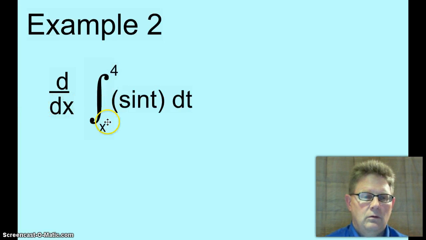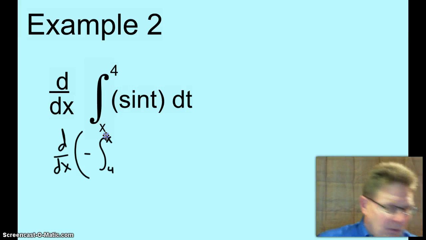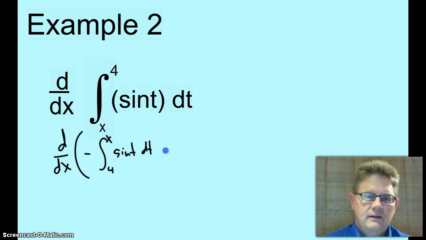Alright, our bounds are backwards. So we're going to take the derivative of the negative integral from 4 to x of sine t dt.